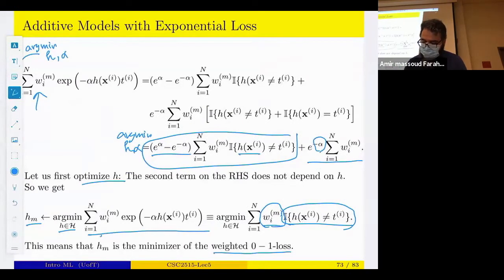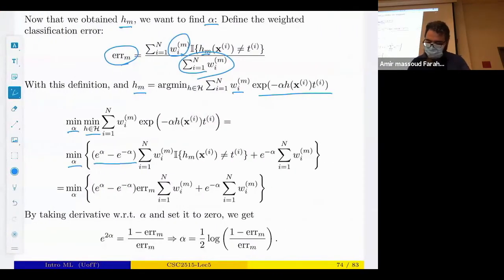So we bring these two terms there. So it would be the weighted summation of the misclassification loss plus e to the power of minus alpha times the weights. So what we want to optimize, of course, is the alphas. Other parts are just 0.